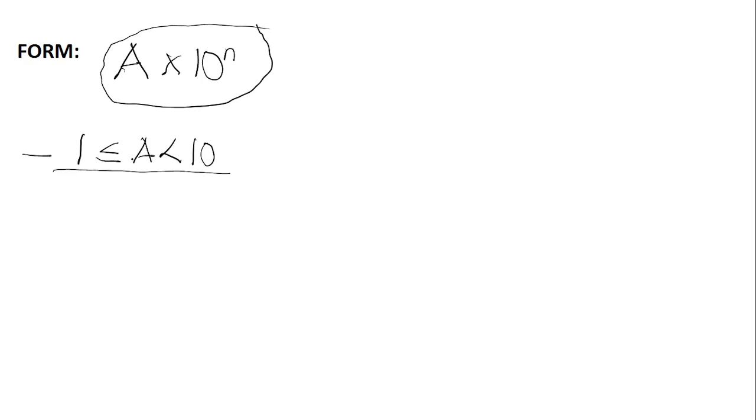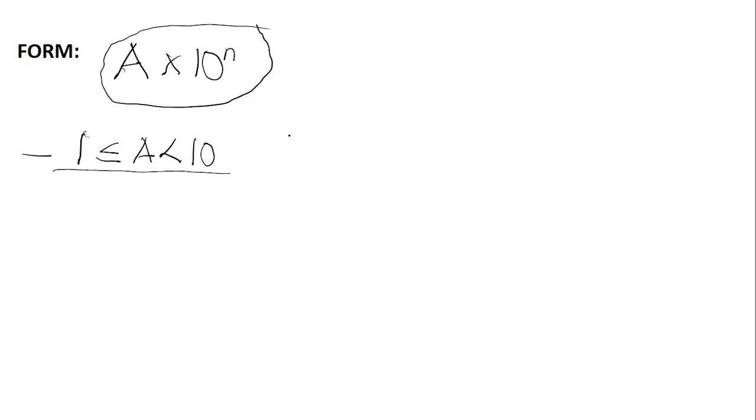Okay. So what this means is that A is any number from 1 to 9. When they say less or equal to, it means that it's part of the set. So 1 is less or equal to A less than 10. When there is less than, it means that 10 is not part of the set.